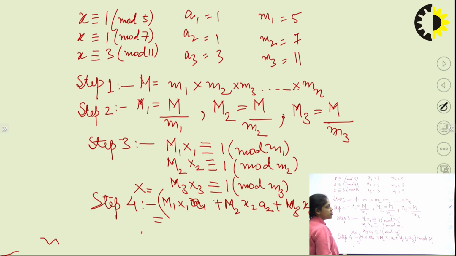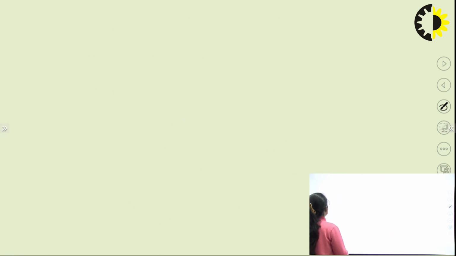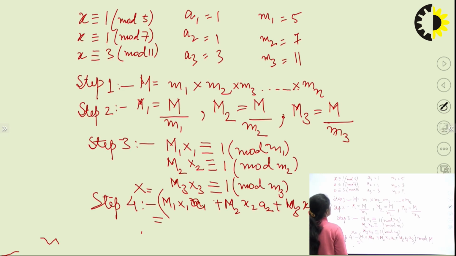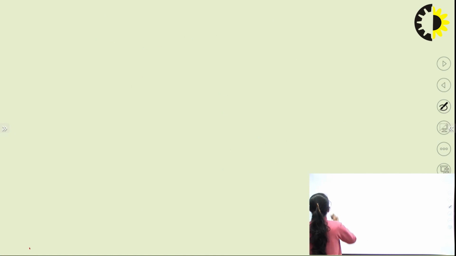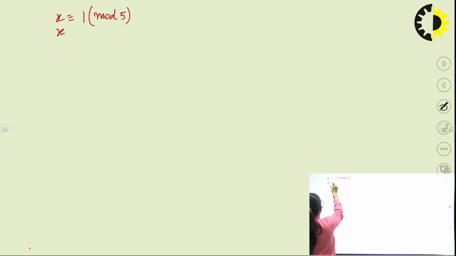So let's move to our actual solution part. We will follow all these 4 steps to solve this Chinese remainder theorem. We take the same question as it is: x is congruent to 1 mod 5, x is congruent to 1 mod 7, and x is congruent to 3 mod 11.